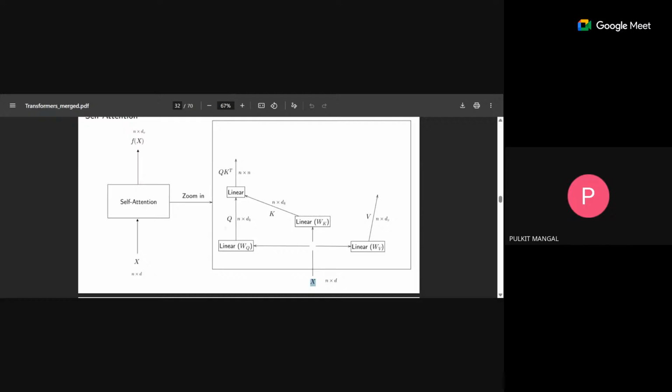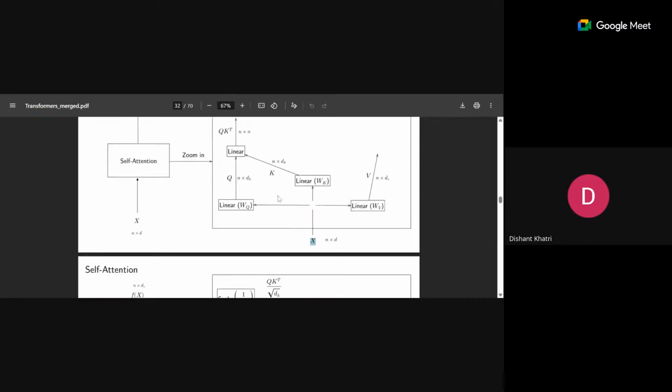We want to learn this query embedding, we do not want it to be fixed. That's why we use one more parameter, WQ, multiplied with X, to get this Q matrix. Similarly, you get the K matrix and V matrix, and then do the final steps: QK transpose, softmax over that, multiplied by V. Understood? Great.